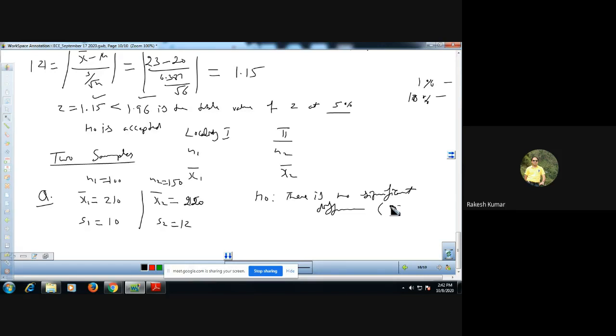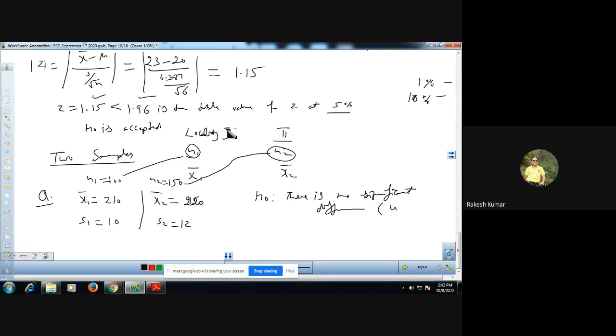So locality is complete, and out of the locality we have taken n1, 100, and we have taken n2, 150. But there will be the population of locality 1, and locality 2 will be more.